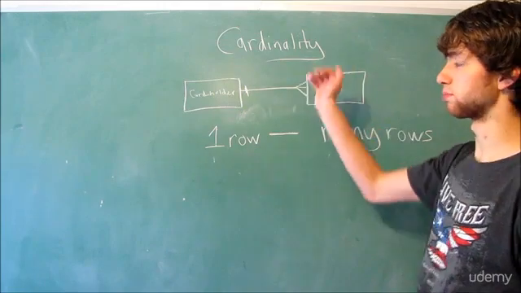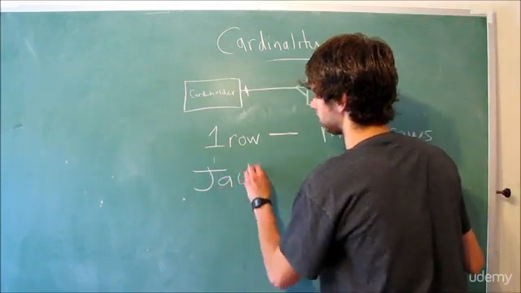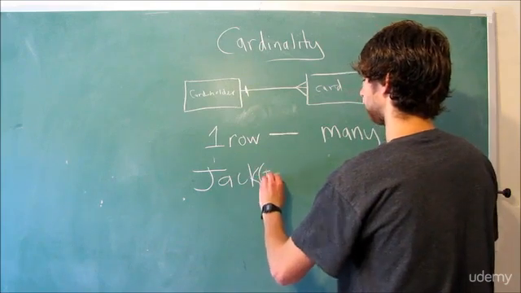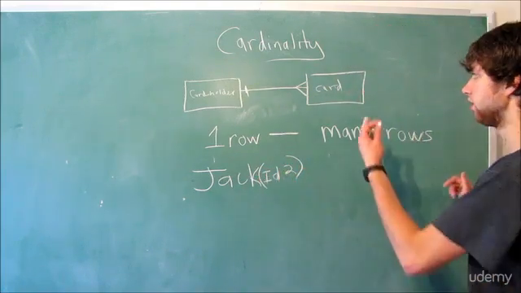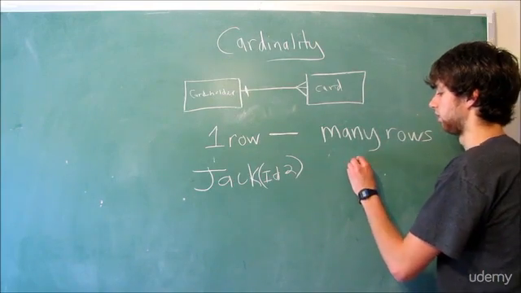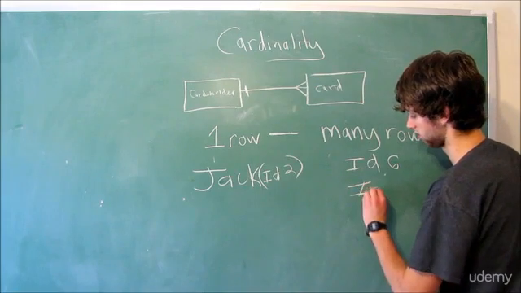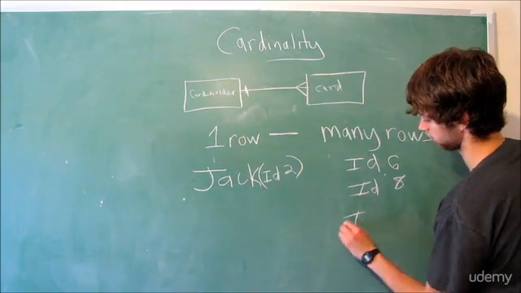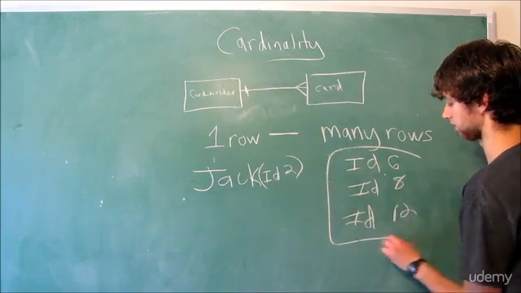So we could think of a specific card holder. We could have a card holder with the name Jack, an ID of 2, and we could have many rows over here, cards. We could have a card with the ID of 6, ID 8, ID 12, and you can see this guy has a lot of credit cards.